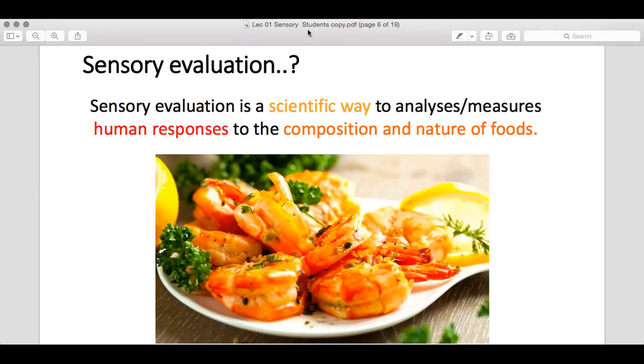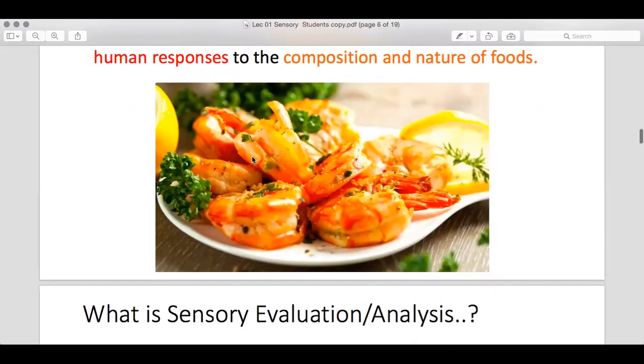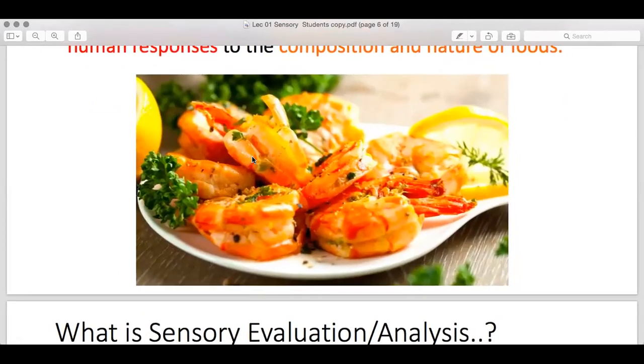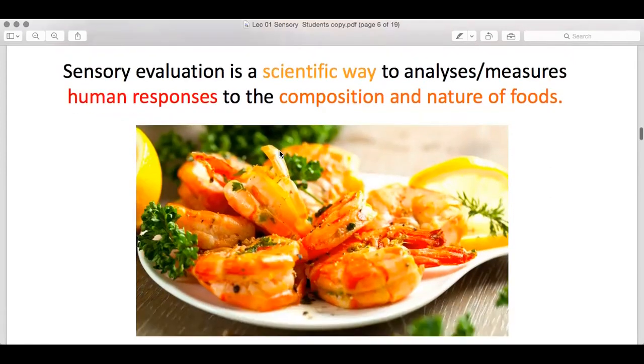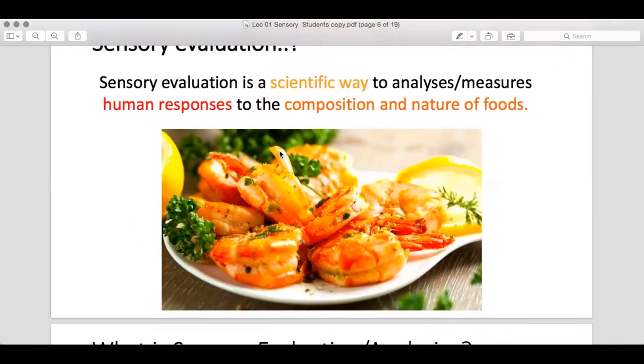That is basically what you can understand by analyzing this picture. This is a fresh one, right? The flavor will be very good, and the odor also very good. That is also based on your experience.